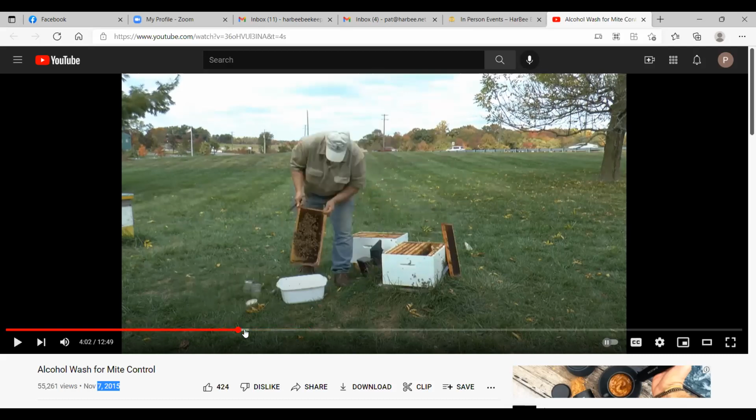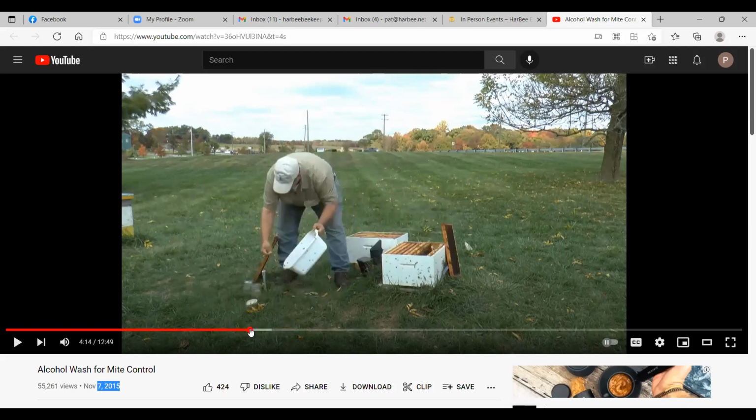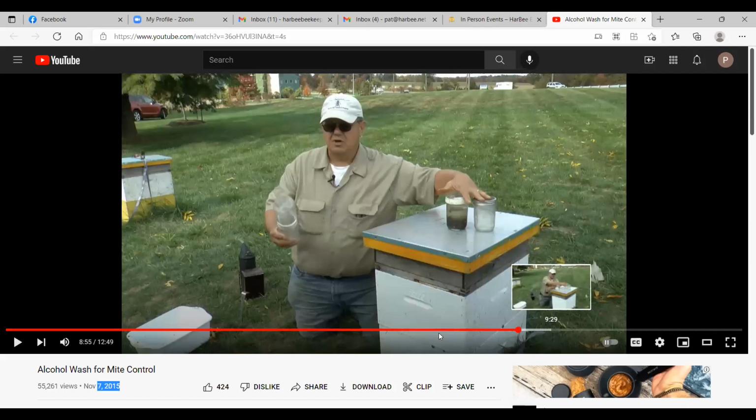Then he takes a half a cup measurer and has the alcohol in these little mason jars. The varroa mites fall off of the bees because he agitates and shakes the alcohol. Also, the alcohol repels the varroa mites off the bees. Then you pour out the alcohol and the varroa mites into another mason jar, and you're able to count the number of varroa mites per sample.